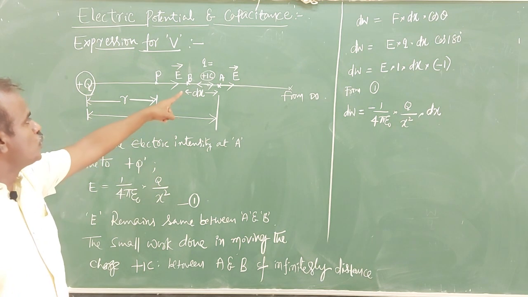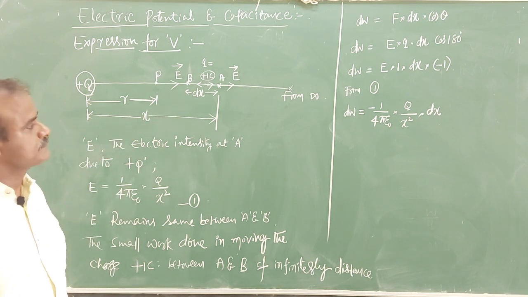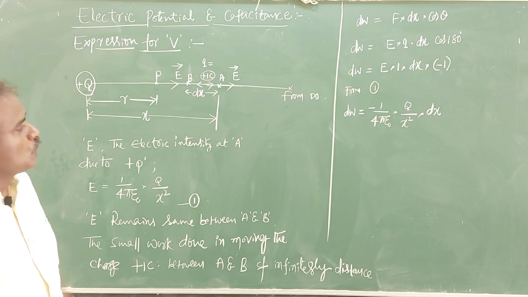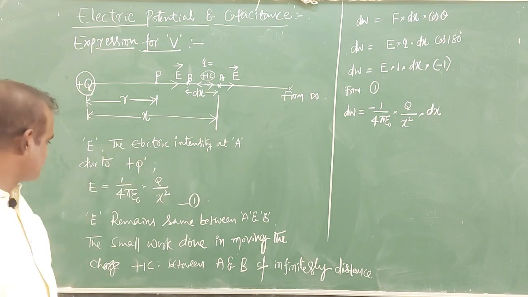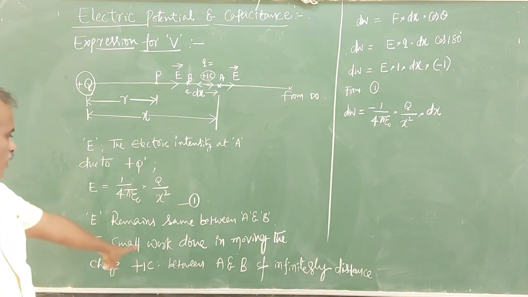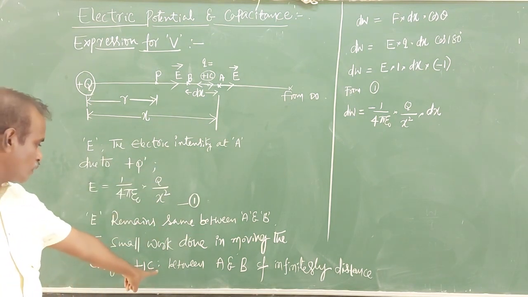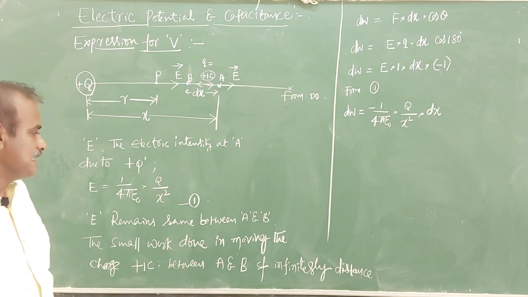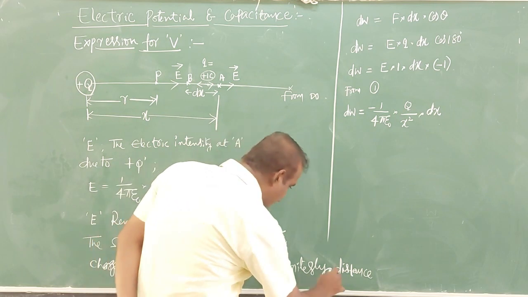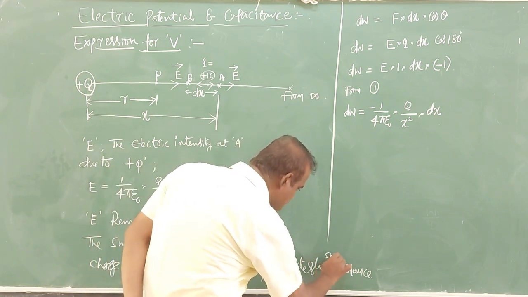And for that we have chosen 2 points A and B. Remember. Now look at the formula dW is equal to minus 1 by 4 pi epsilon naught, q by x square dx. This is small work done in moving the charge plus 1 coulomb between A and B of infinitely small distance.